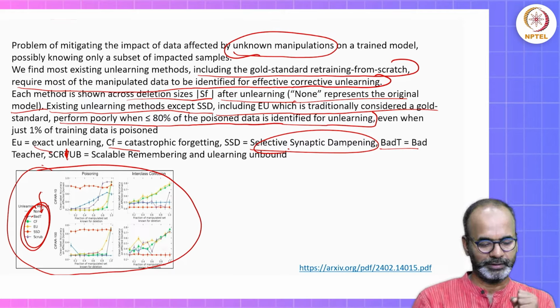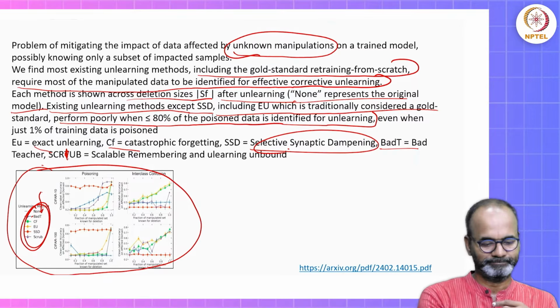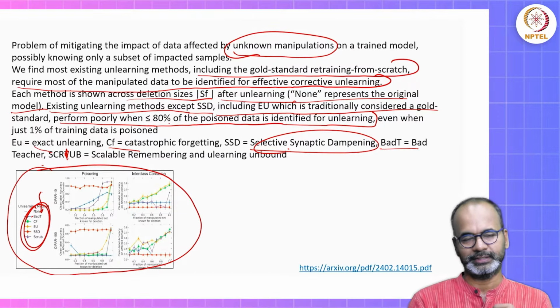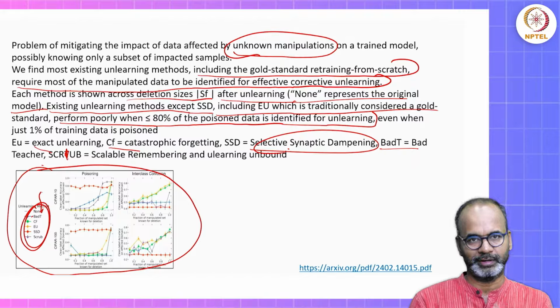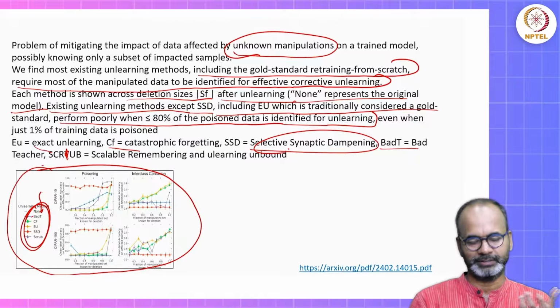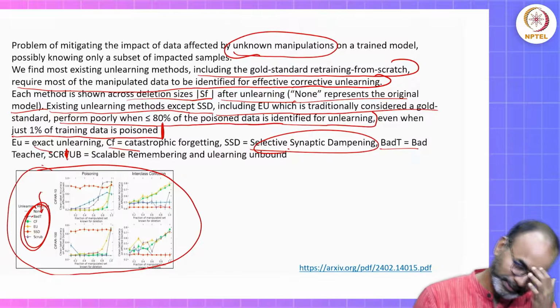So the existing unlearning methods, except for SSD, perform poorly when less than 80% of the poison data is identified for unlearning. If you have less than 80% of the data to be forgotten, then many of these methods perform poorly, even when just 1% of the training data is poisoned.